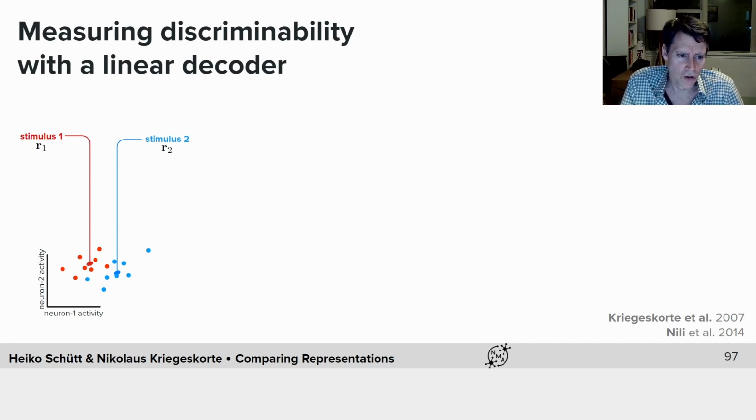I'm just showing two neurons here for visualization, but you can imagine that we've measured a population of neurons. And there are response patterns here. Each dot is the pattern of response on a single trial to either of these stimuli. So the red dots are responses to stimulus 1, and the blue dots are responses to stimulus 2.